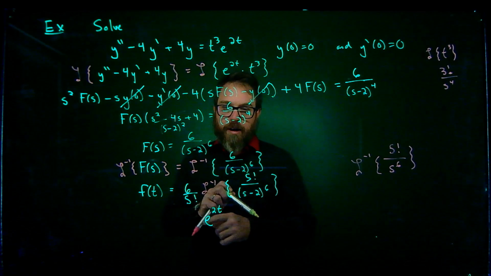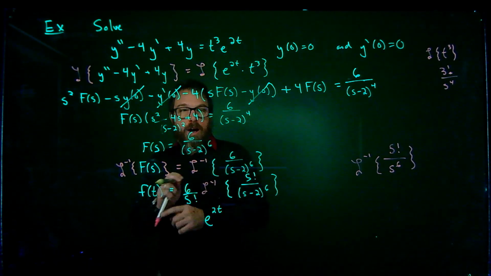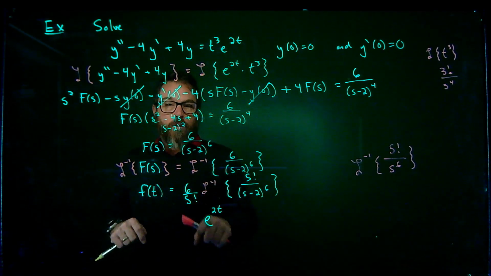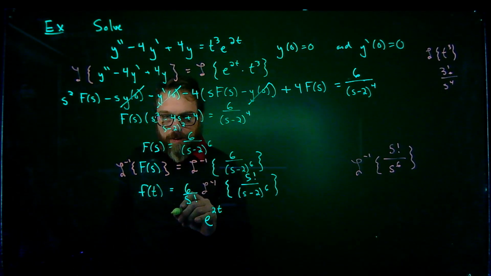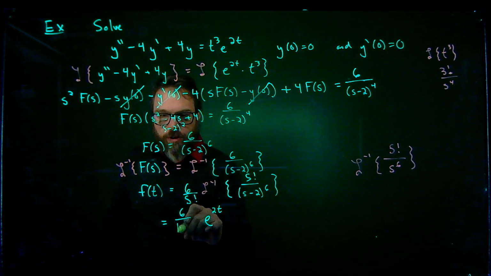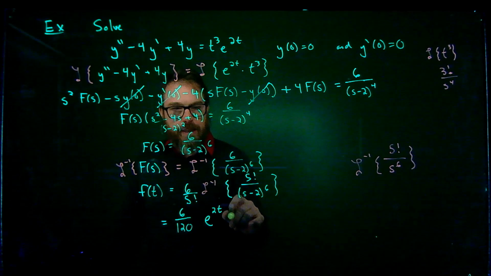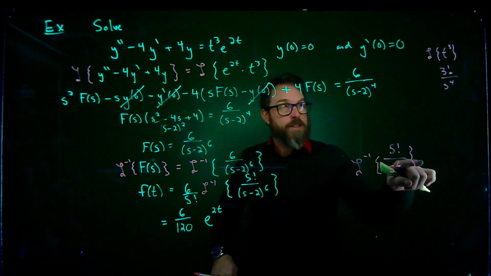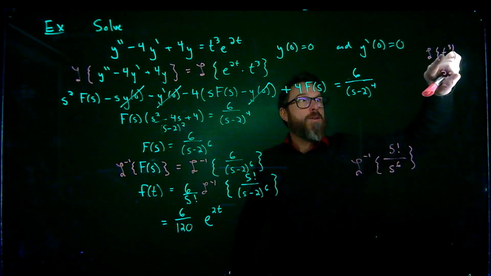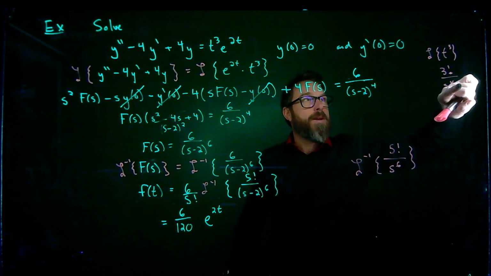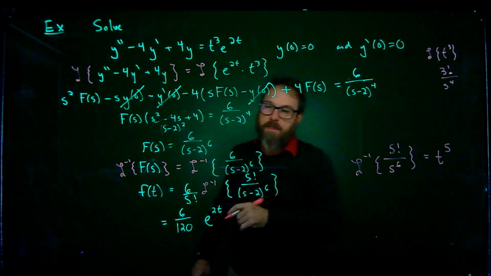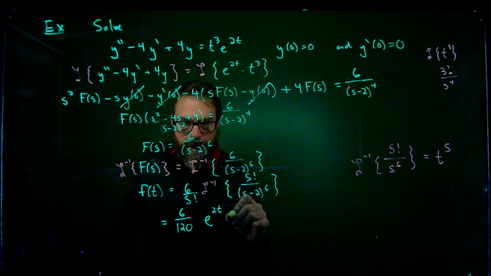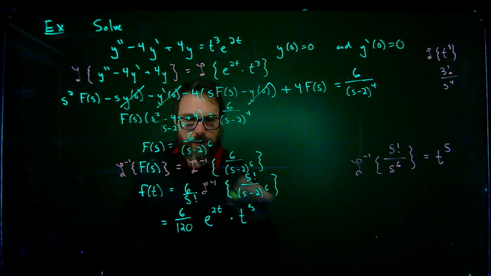It's linear, you can pull it in and out. So we know that this is going to be 6 over 120, e to the 2t, and remember, this was t cubed, which came from an s to the 4th, so this is going to be t to the 5th. So this is multiplied by t to the 5th.